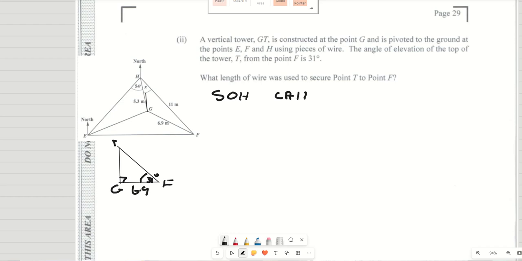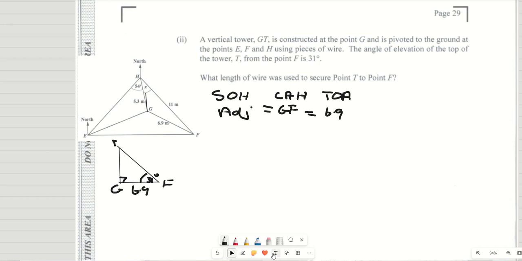Now, when you're using SOHCAHTOA, or you're trying to figure out which one you have to write, you write down what you have. GF is your adjacent. So we have adjacent equals GF, which equals 6.9.